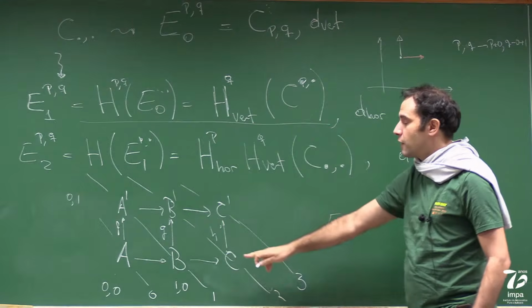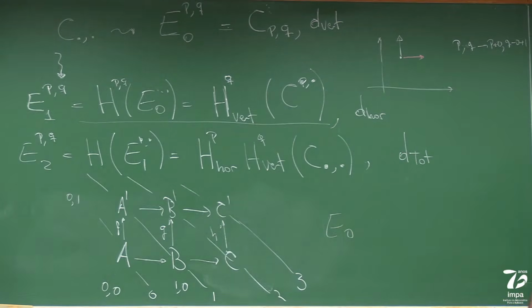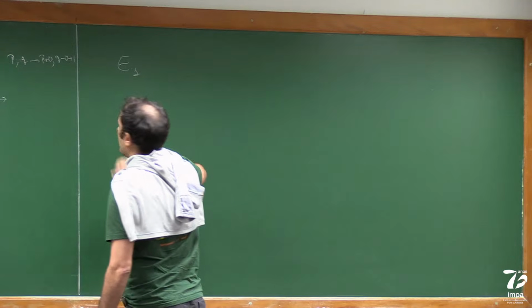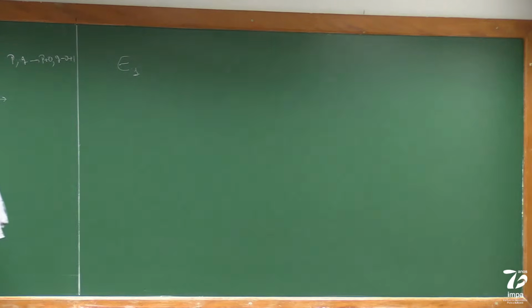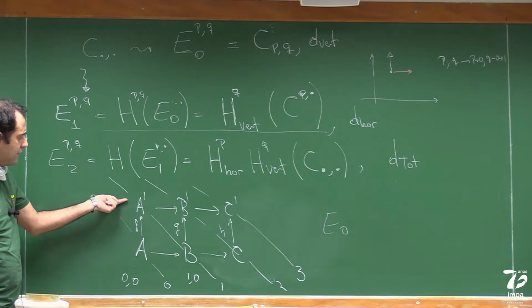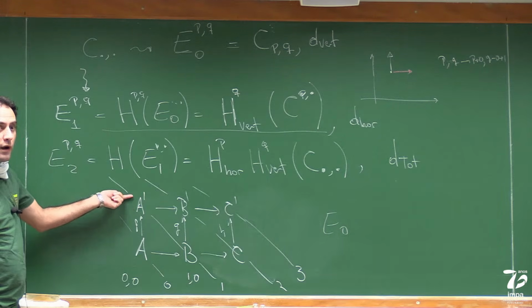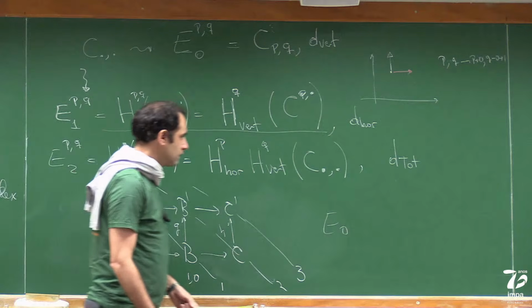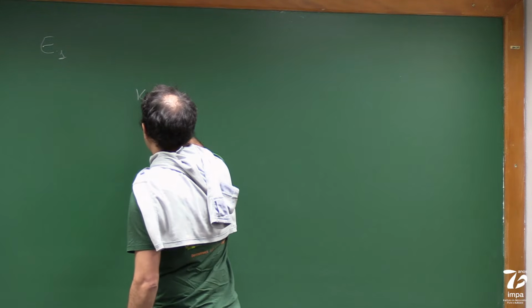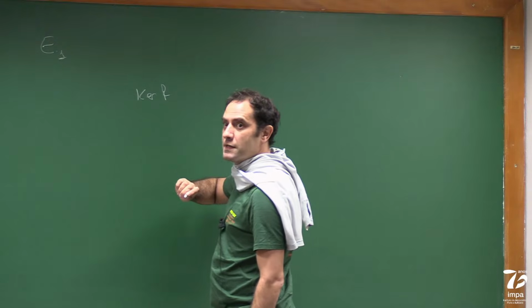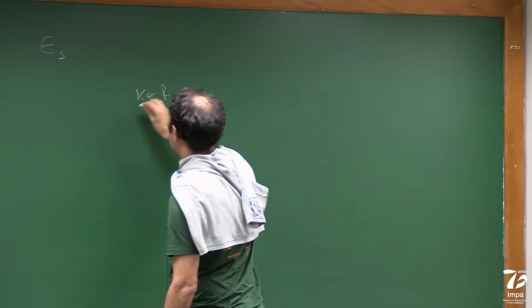It's just the double complex. Let's look at the E1 page. Okay, so I need to take the vertical homology of this thing. And it only has one differential. So in degree 0, the kernel of F is going to survive. And in degree 1, the cokernel of F is going to survive. So I have the kernel of F, the kernel of the differential in degree 0. So this is in degree 0, 0.